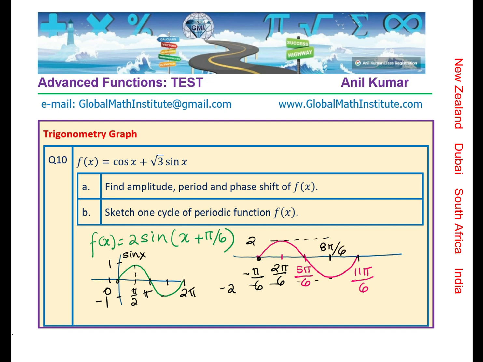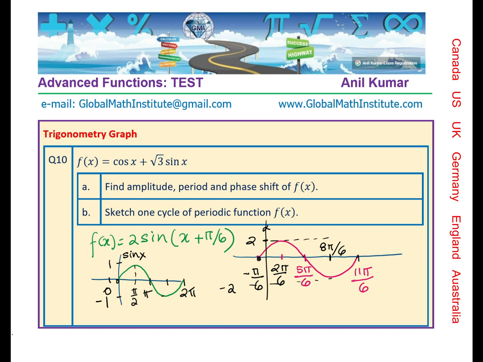You see that? So that becomes your wave, where we could actually draw y-axis somewhere here, right? And say this is 2 and that is minus 2. Does make sense, right? So we shifted the sine wave left by pi by 6 and sketched it out.